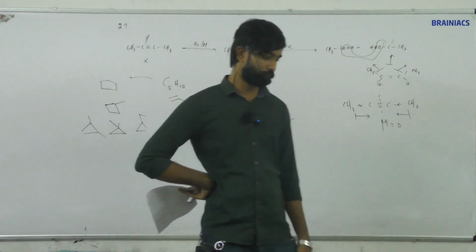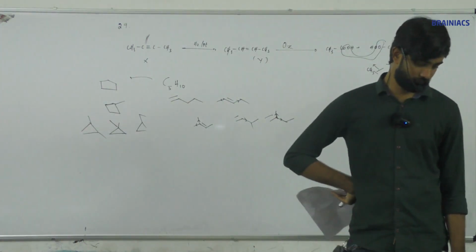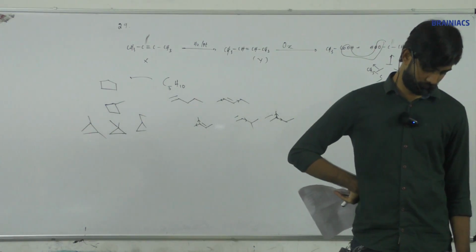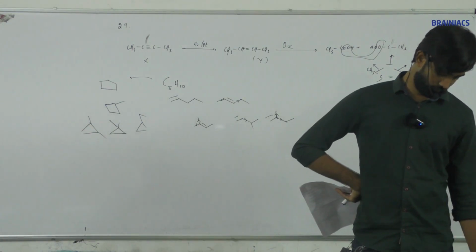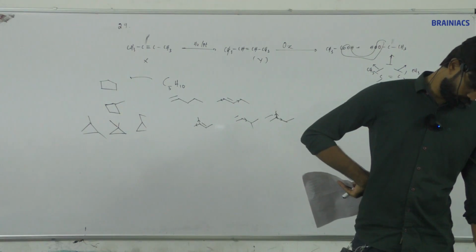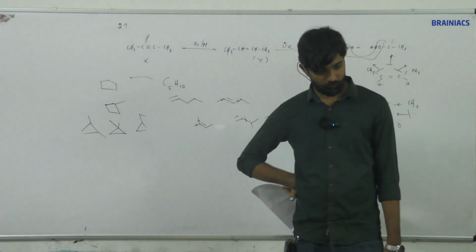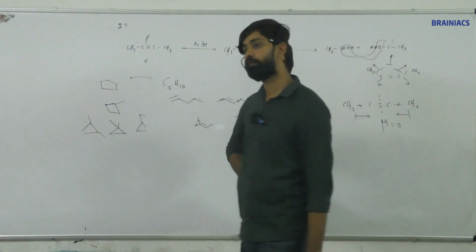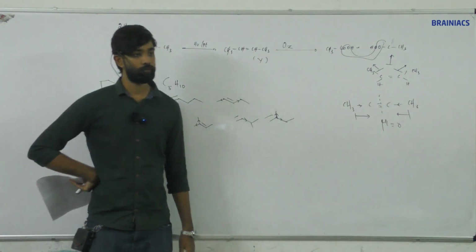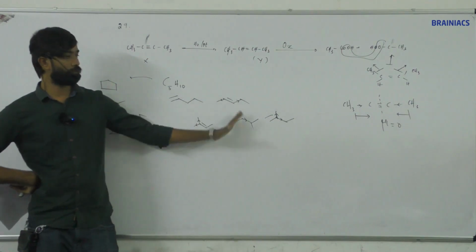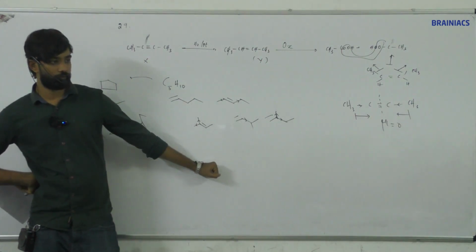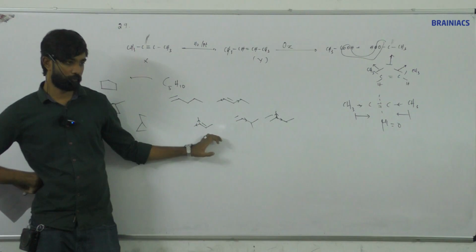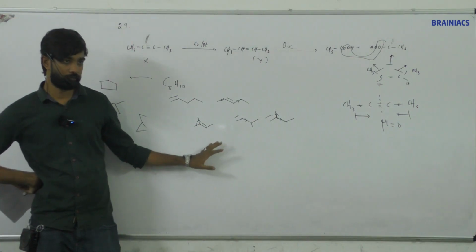Can you show? Here it's not. Carbon will be 6. These are the pentenes. These are the possible alkenes of formula C5.